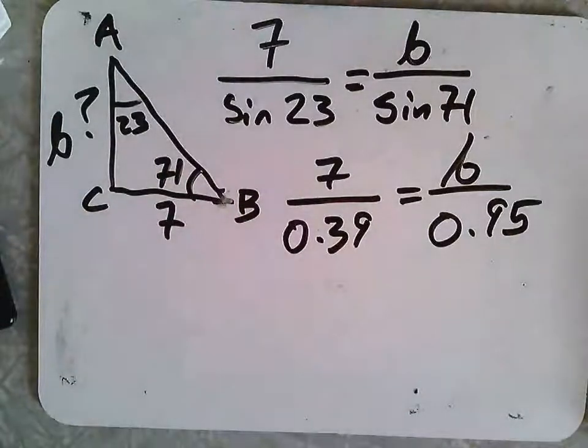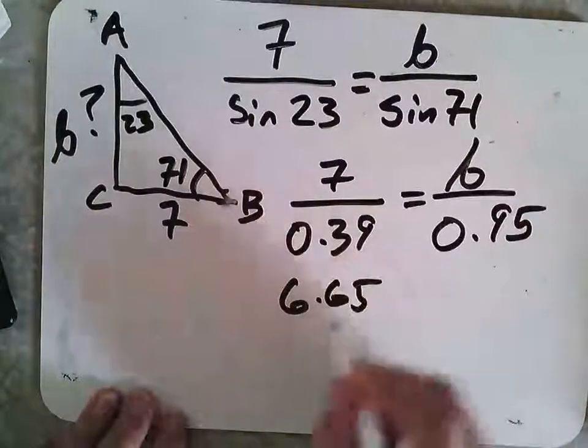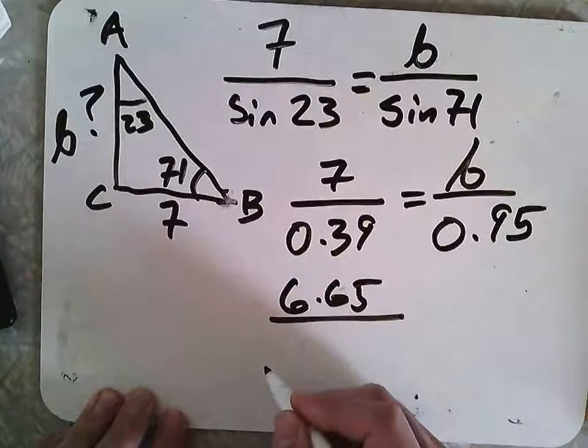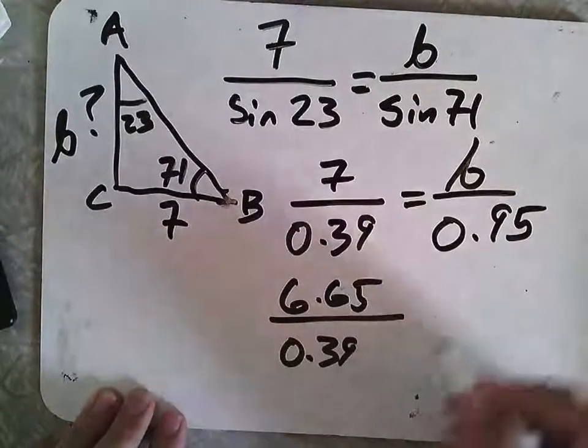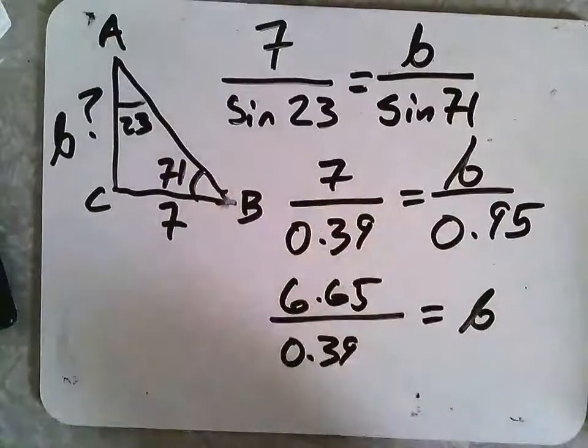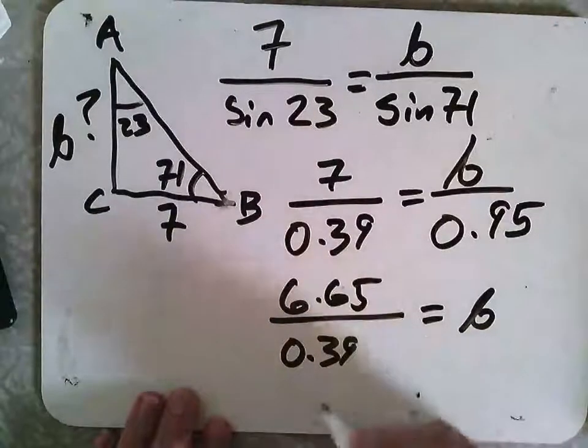So 7 times 0.95, sorry, I'm doing a calculator over here, is 6.65 over 0.39 equals B. And then I'm just going to do 6.65 divided by 0.39, and that equals 17.05.